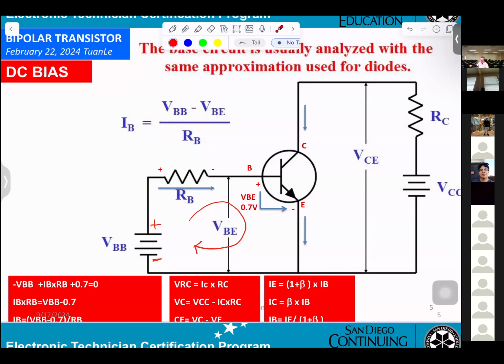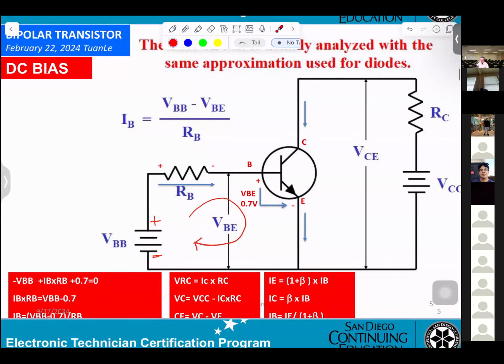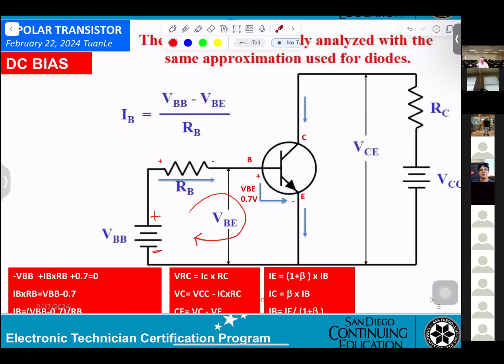And also you can calculate the IC equal beta times IB. Okay. In case you want to calculate the IB, you use IE divide 1 plus beta. The formula they given to you. Okay. You get IB. You get IC. You get IE.